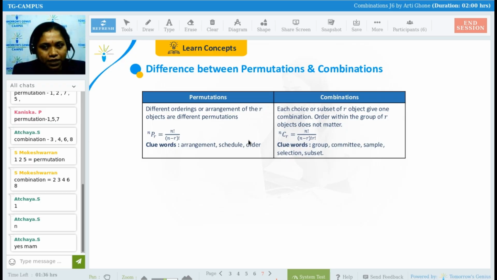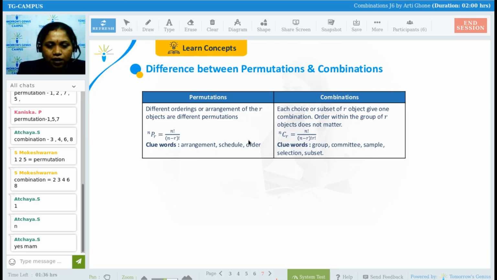The choice of a subset of R objects is one combination. So order within the group of the R objects does not matter. Sequence doesn't matter. So nCr is equal to n factorial upon n minus r factorial into r factorial. The clue words to identify a combination are group, committee, sample, selection, subset. Clear?